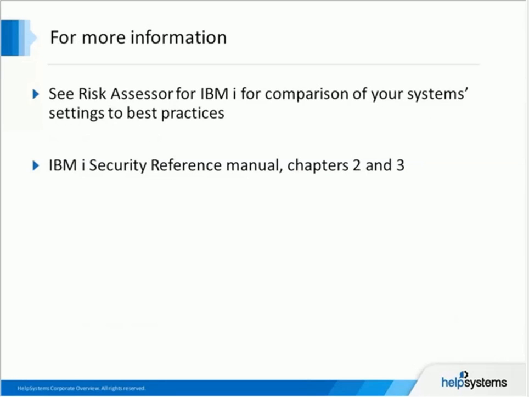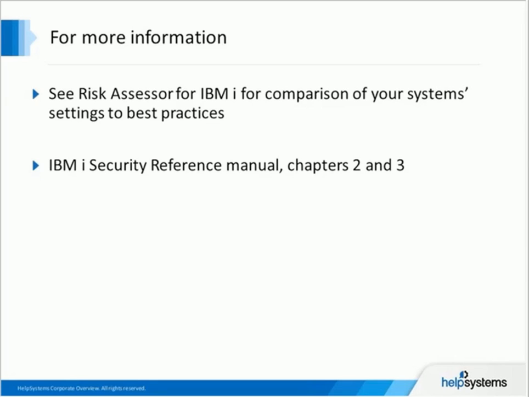A lot of times I get asked, how do I know what the best practices are for system values? So our Risk Assessor product provides a comparison on your system when you run the product. And if you choose to either subscribe to our managed security services and do a risk assessment there, or just have a standalone risk assessment, one of the things we do is compare your system value settings to security best practices.